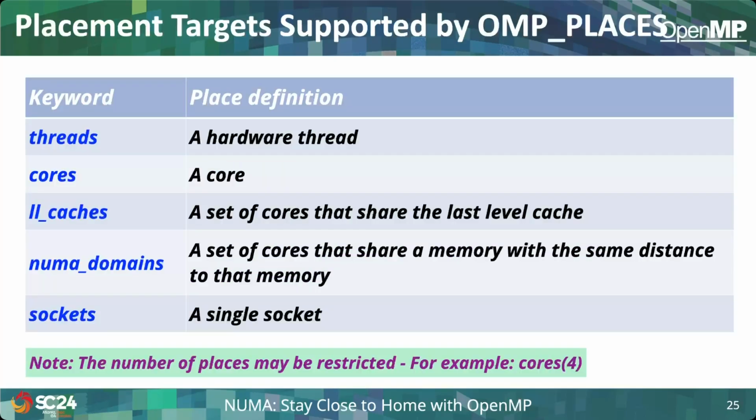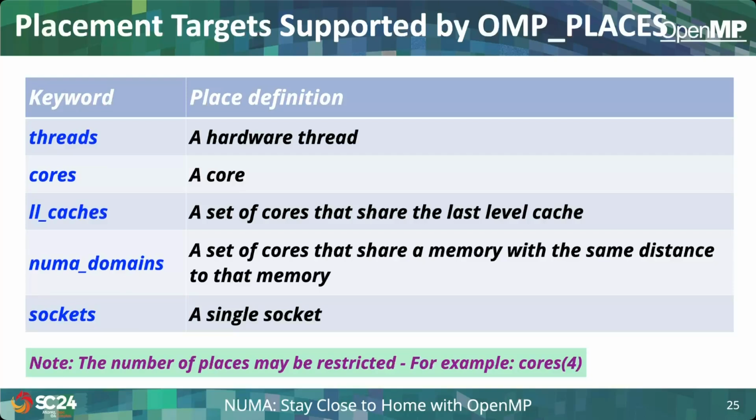The OMP_PLACES symbolic names are quite flexible. You can go very low level. You can set it to threads. That means the scheduling unit is a hardware thread, and in principle, all the hardware threads are available for the runtime system to schedule activities on. You could go a little bit higher. You could say cores. All the cores in the system are candidates to run your threads on.